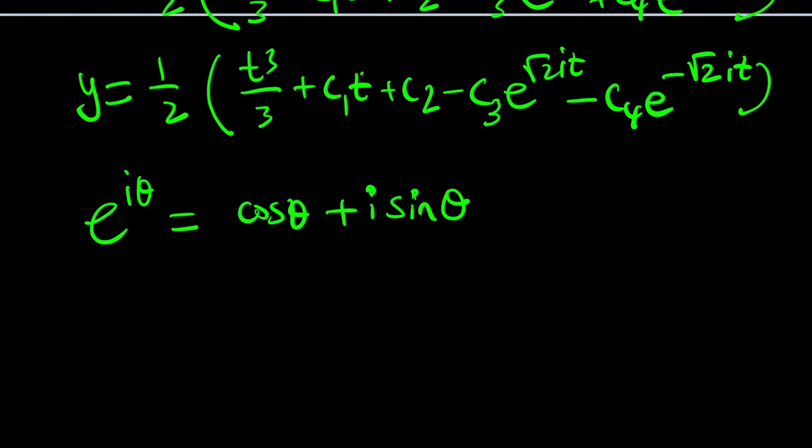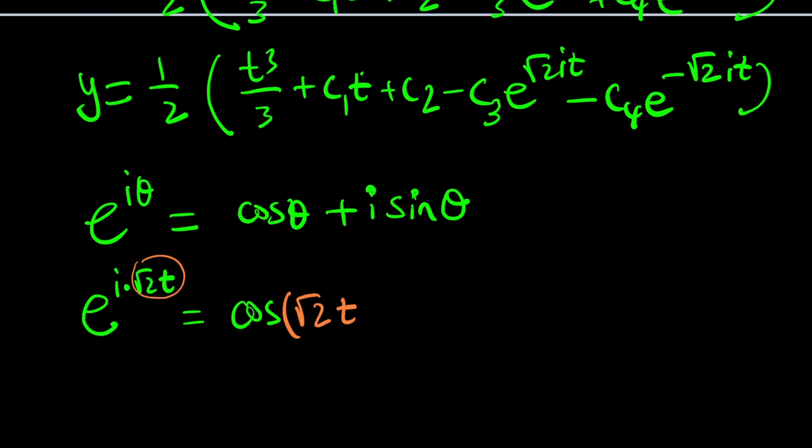Now, if you apply it to the scenario, e to the power i times root 2t, because that's what it looks like in this format, this is going to be our theta, our angle or argument. We're going to write it as cosine of root 2t. And of course, there's going to be a constant in front of it, so you need to consider that as well.